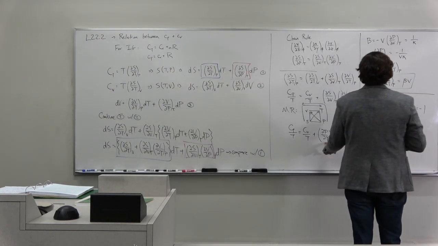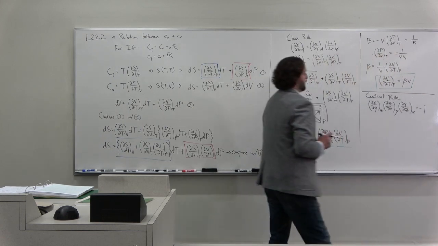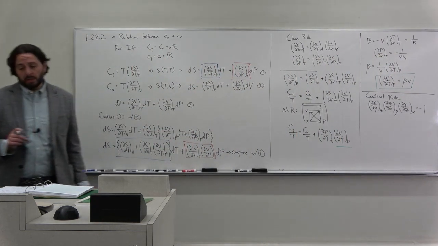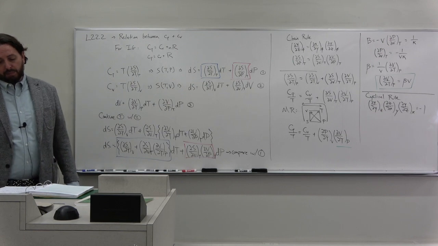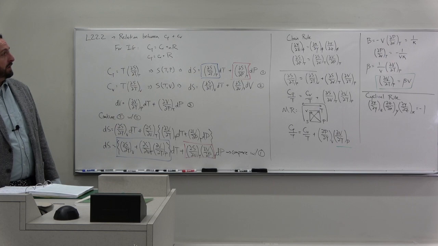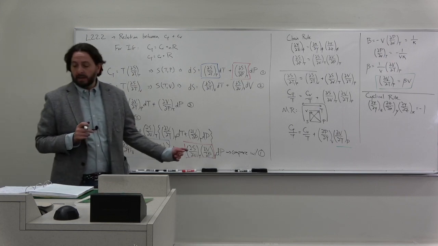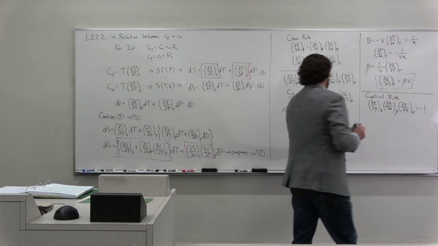All right, so let's write that out. The first one we're going to do, x is P, y is T, and z is V. So we're going to write it like this.